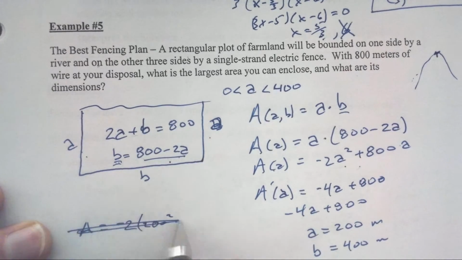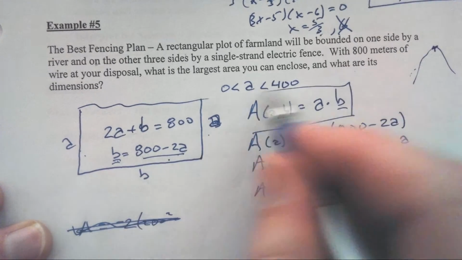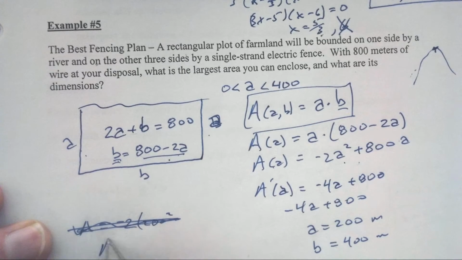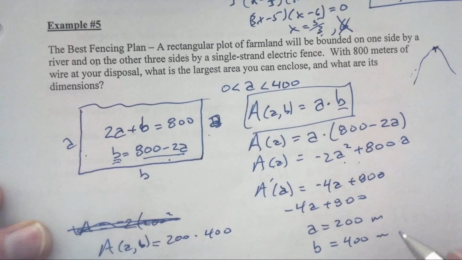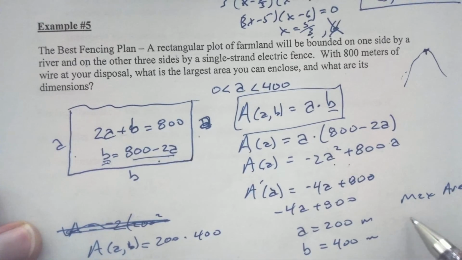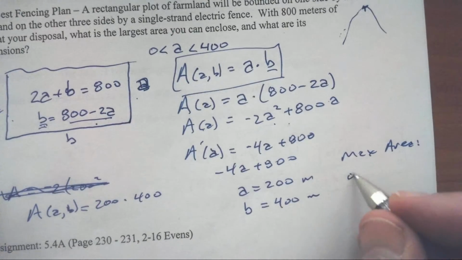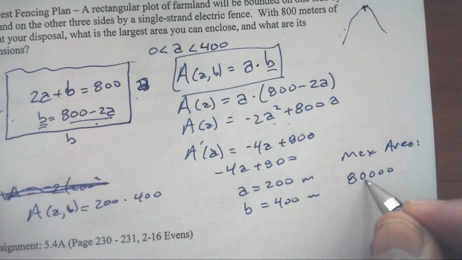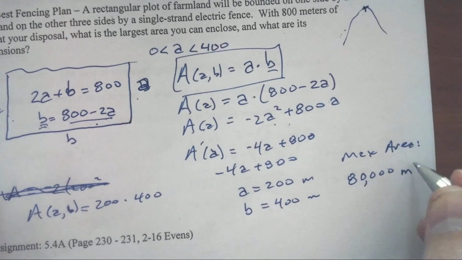Oh, you know what? Easier than that. Way easier than that. I'm going to go back to here, because I've already got A and B. Our area based on A and B, that was silly, is A's value, 200, times B's value, 400. So the maximum area is 4 times 2, 8 with 4 zeros, meters squared.